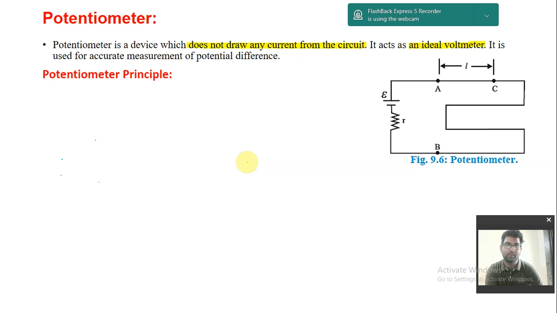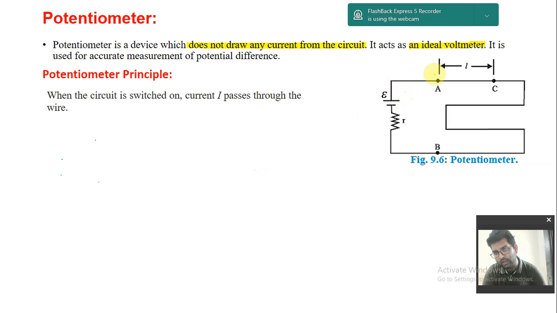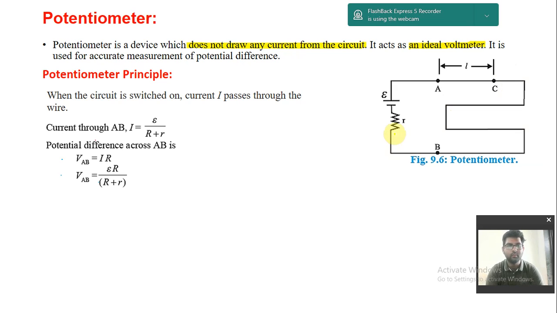Now let us see what happens next. So what is the principle of potentiometer? We will see. Now you see, this was the circuit. When the circuit is switched on, current I passes through the wire. So the current through AB I can write as I equals E upon capital R plus small r.